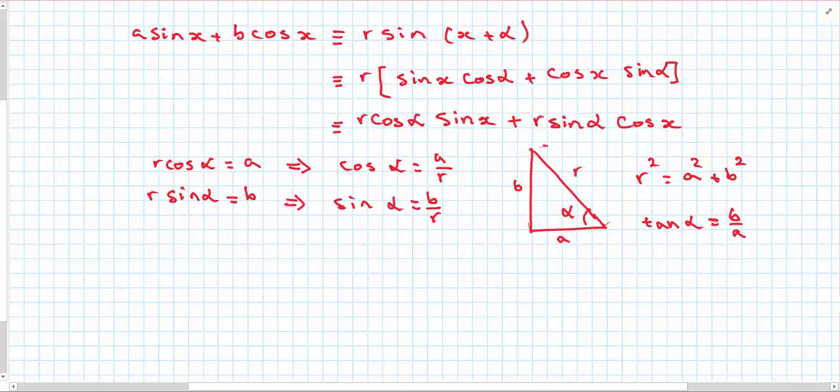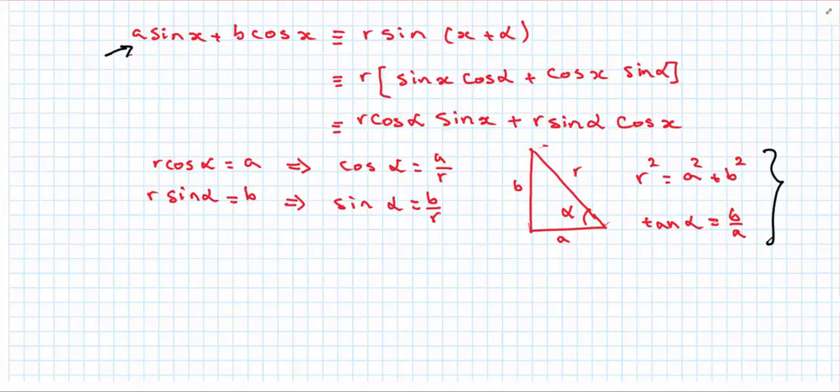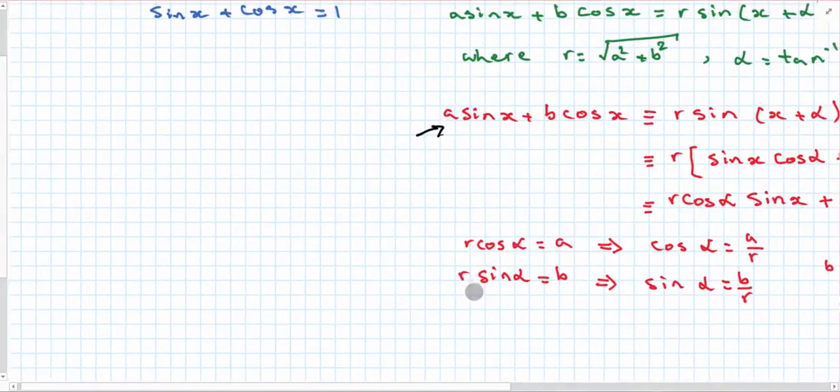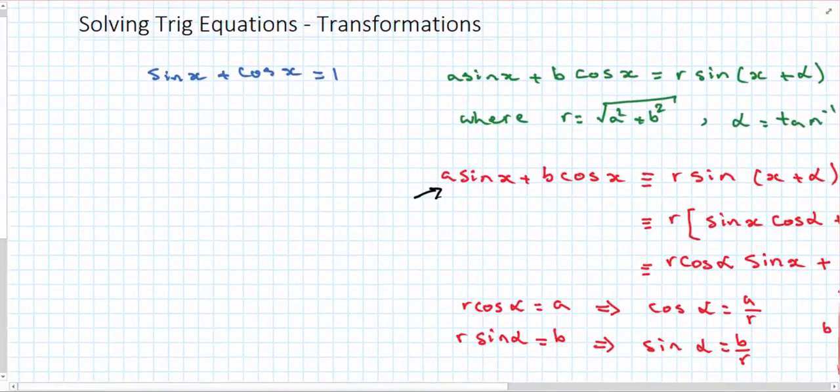So our initial identity is true if these two conditions are true. So I can use this identity to now go back and solve the original question. Remember, r squared is a squared plus b squared, and tan alpha is b on a. So let's go back to our problem.